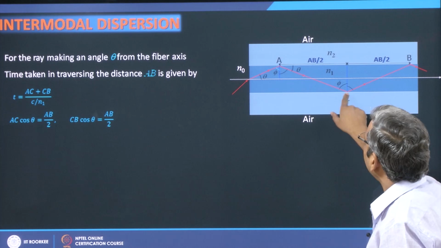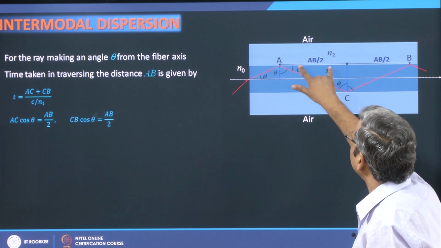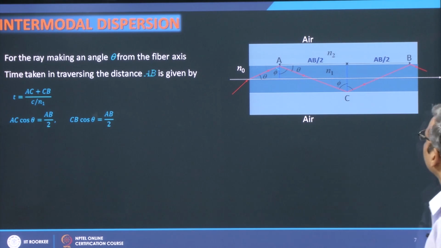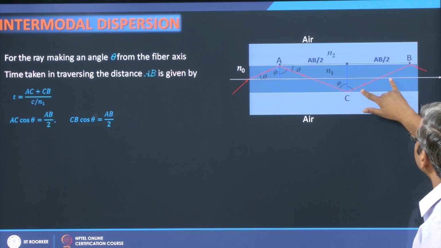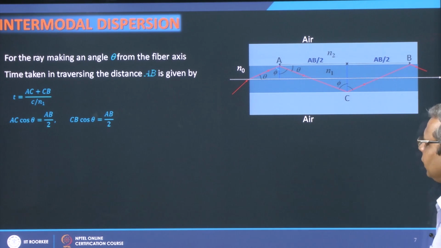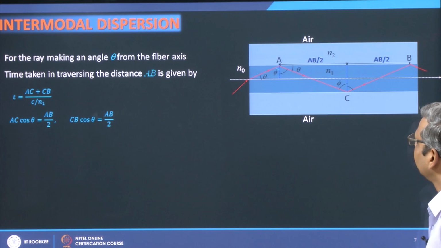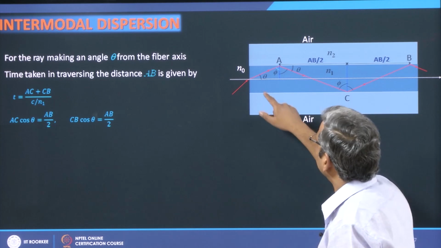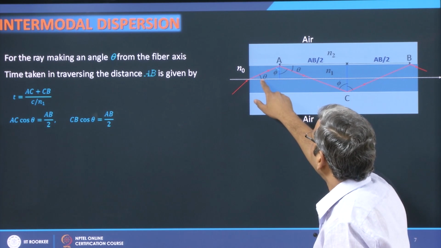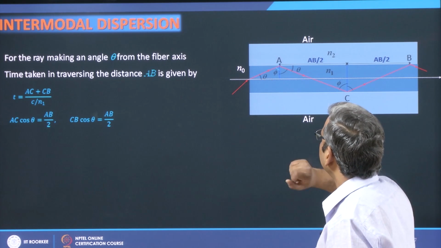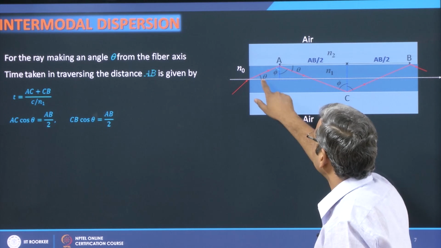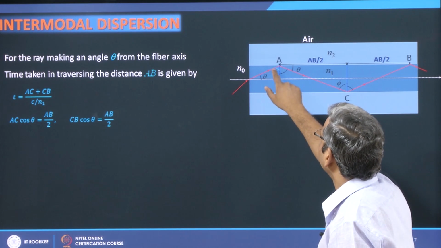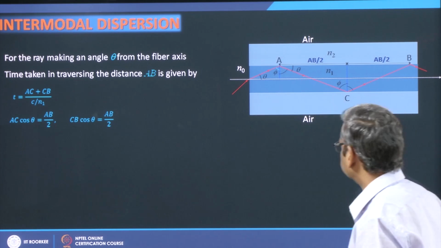Now, from here I can see AC cos theta is equal to AB by 2, and similarly CB cos theta is equal to AB by 2. I can immediately see that this angle theta would be equal to this angle theta, because this theta is equal to this theta, and then it should be equal to this.